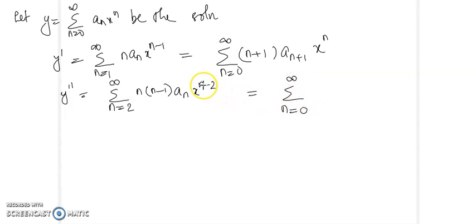So here, in place of n everywhere, n plus 2 will come. So n plus 2 into n plus 1 x raised to n, and then you have a n plus 2 x raised to n. So that is the series for y double dash starting with 0 to infinity.